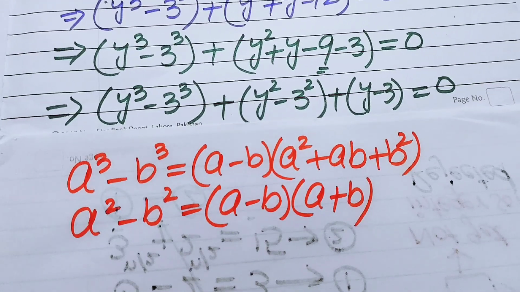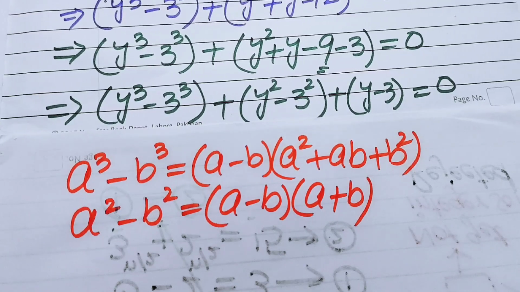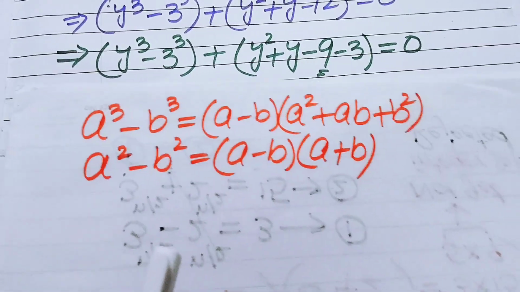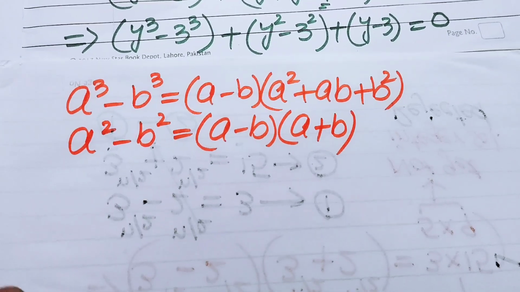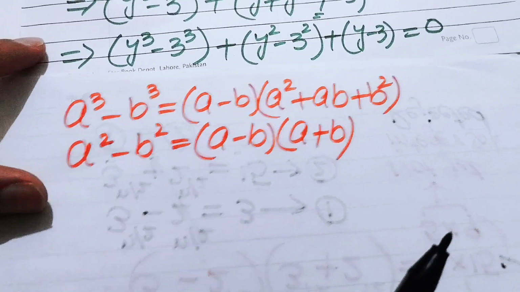So we have these two cubic and square identities, and now we can use these two identities in order to simplify the above expression, so that our above expression becomes in this form.